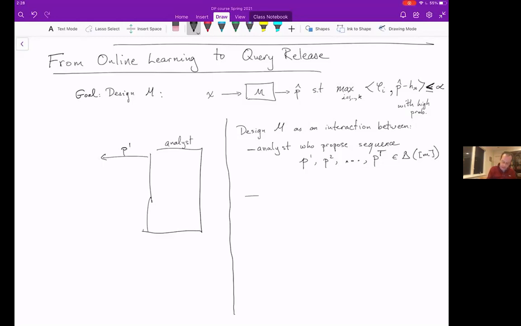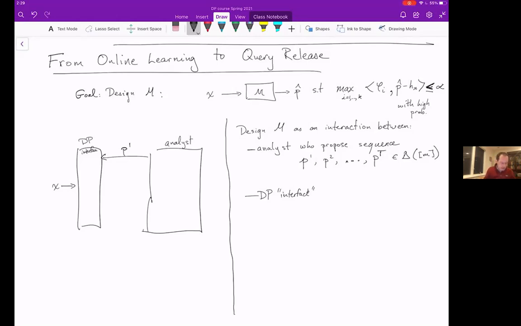And on the other hand, there's going to be a differentially private interface that will actually be the thing that's holding the data. What it's going to do internally is every time the analyst proposes a data set, this interface is going to go to the data and check how well the analyst is doing and try to find a query that exhibits just how badly the analyst is doing.